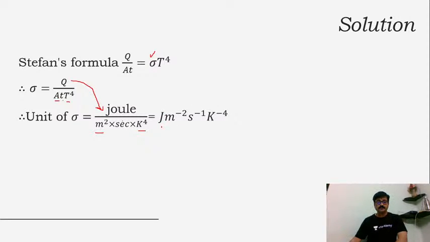Also joule per second is watt. So I can also write this as watt per meter square Kelvin raised to minus 4, per Kelvin fourth. You can also write like this. So this is regarding the unit of sigma, my dear friends.